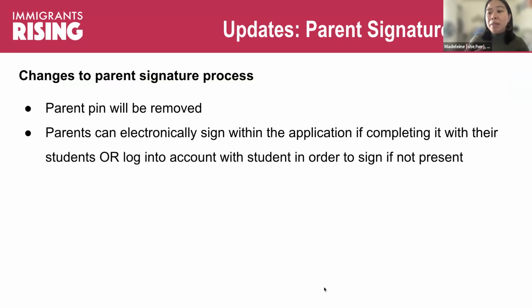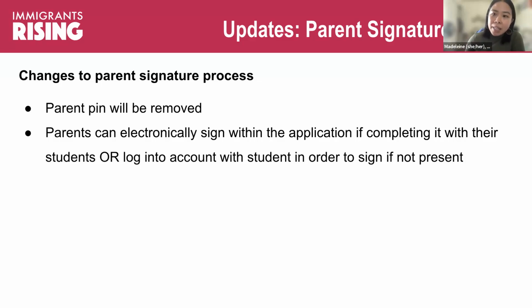And some of the bigger changes that we do expect to see is there will be changes to the parent signature process. As folks probably know, in last year's application, parents need to sign the application by providing a parent PIN. That will be removed completely, and now parents can electronically sign within the application itself.